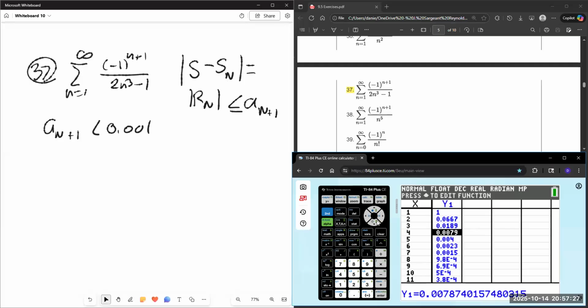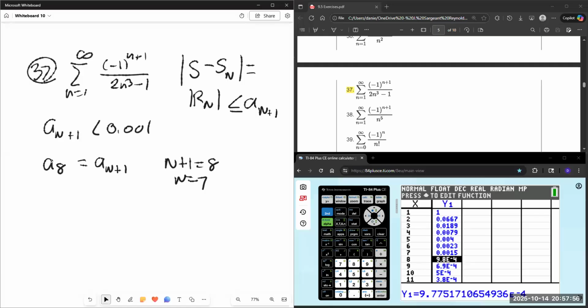So right there, we are less than 1/1000. Now let me prove this to you, that a sub 8 is equal to a sub N plus 1. So N plus 1 is equal to 8, N is equal to 7.